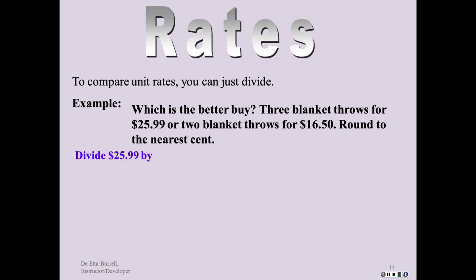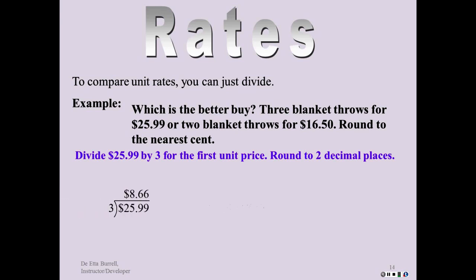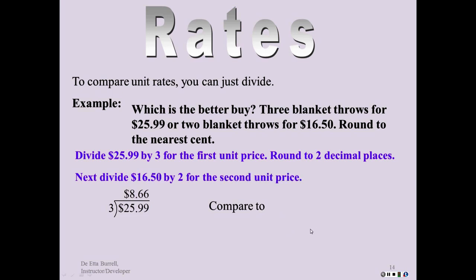So if I divide the first one, the unit price is going to be $8.66 for each blanket. Then I need to compare that unit price to 2 into $16.50, which is $8.25 per blanket. So which is the best buy?